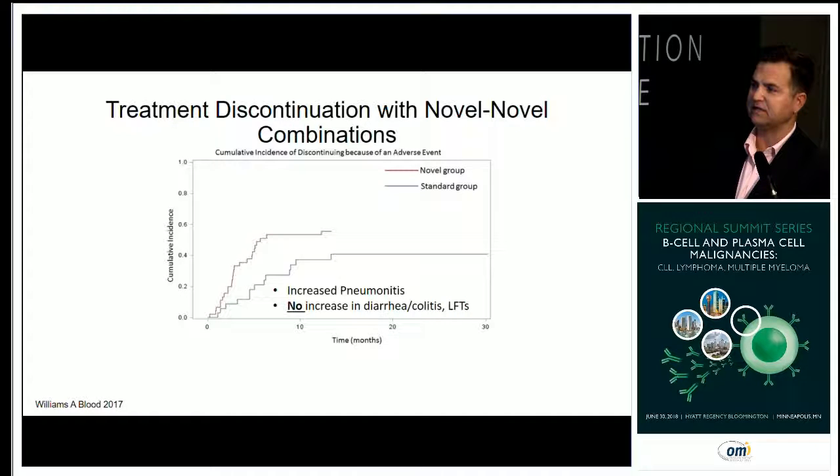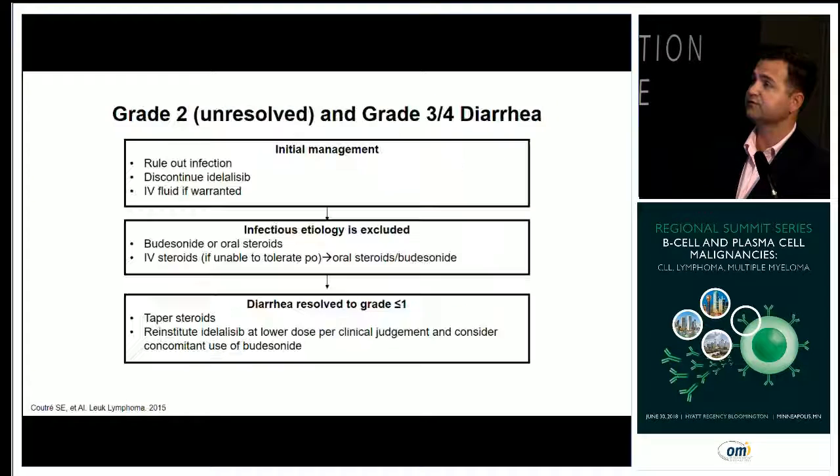So while this data can be taken to have caution with novel combinations, I think there can be some re-energizing of the novel approach using PI3 kinase inhibitors with the data that we hope to produce. And the last two slides, these are both from the Coutre white paper, talking about management of grade 2 and grade 3-4 diarrhea.